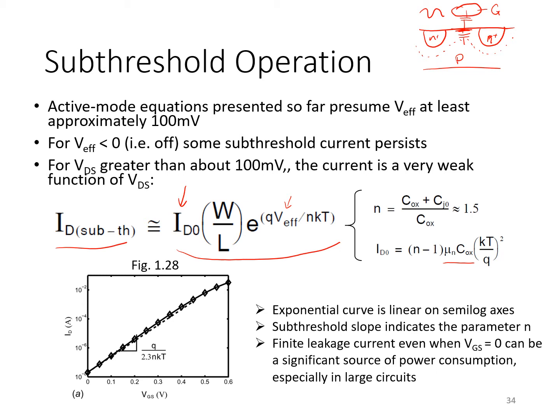For example, circuits that are operated only intermittently and are put in standby for long periods of time. That's often the case in devices that are battery operated, where low power, low energy consumption is really critical. In those devices, subthreshold leakage can really be a killer.